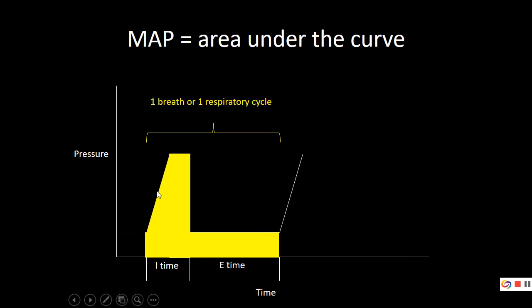The breath starts, you have an inhalation, you reach your peak inspiratory pressure for a while. The duration that the breath is held at this peak inspiratory pressure is your inspiratory time, and then you exhale. So this is one breath. If you did calculus and quantified this area under the curve, this would be your mean airway pressure.